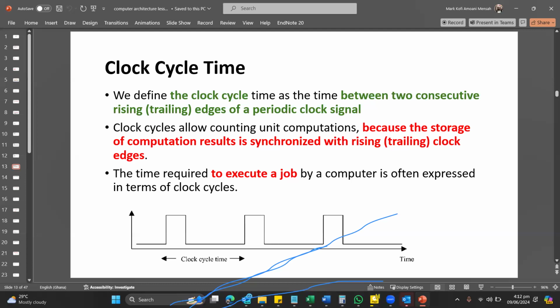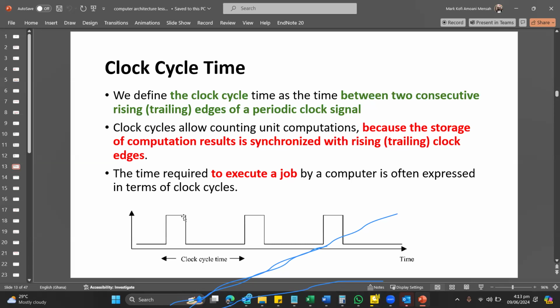Now let's look at clock time. What is the clock time? We define the clock time as the time between two consecutive rising edges of a periodic clock signal. So over here, I have a rising.